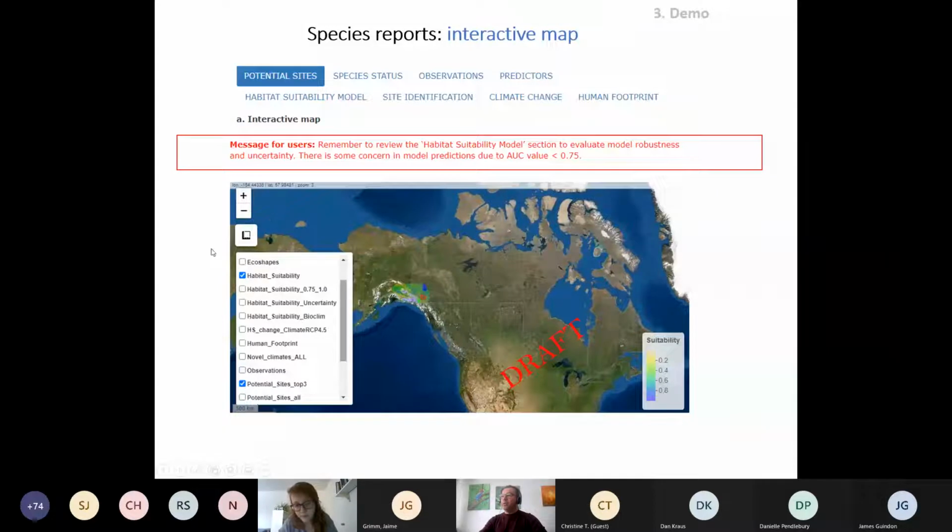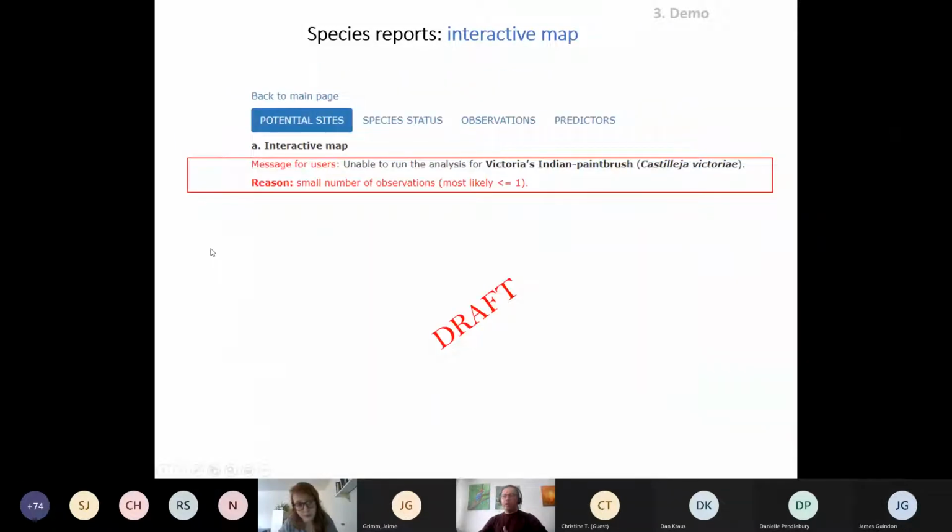And for other species, we don't have enough information to run the analysis, so the analysis just stopped at that point. So we have different results depending on the data that we have for the species, but we want to show the whole process here.